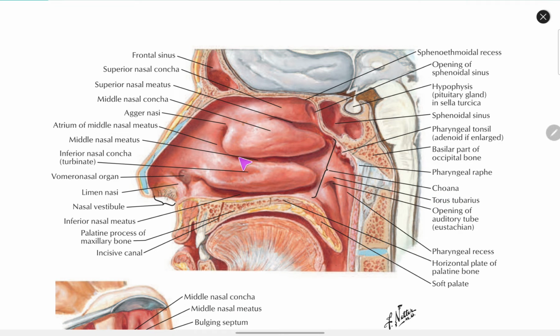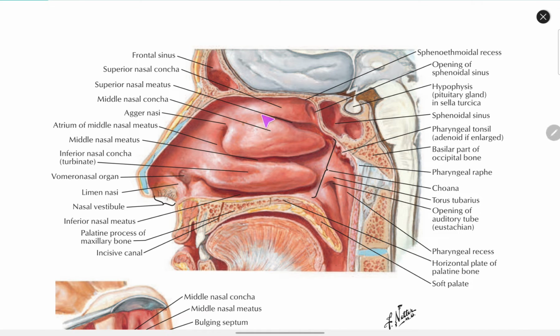This nasal cavity is separated into a right and a left half by a nasal septum. Only by removing the nasal septum can we see the lateral wall. This is the lateral wall of the nasal cavity. Each nasal cavity has a roof, a floor, a lateral wall and a medial wall, that is the septum, which is removed.